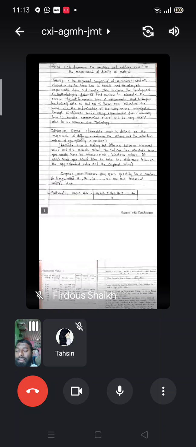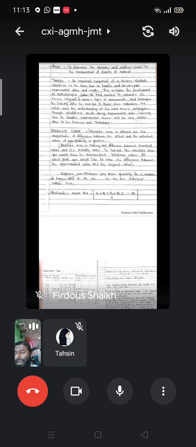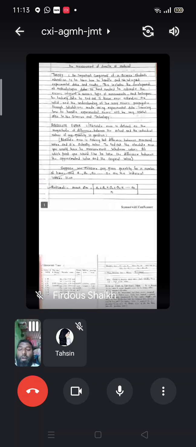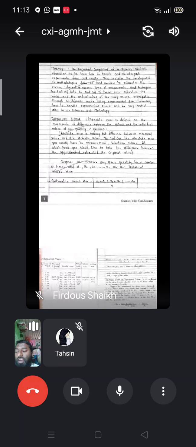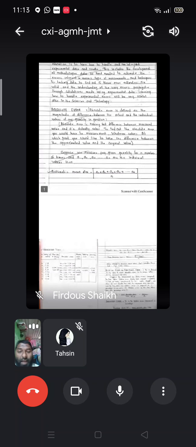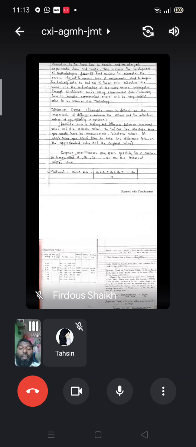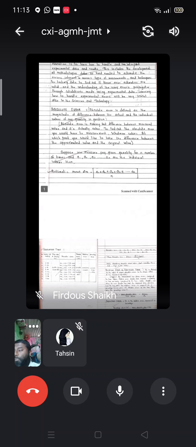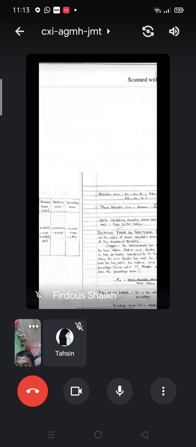Suppose we measure any given quantity n number of times, and a1, a2, a3 up to an are the individual values. Then the arithmetic mean of these values, a_m, is equal to a1 plus a2 up to an divided by n. Arithmetic mean, you know, we are summing up all the values and then dividing by the number. You will get the particular mean.